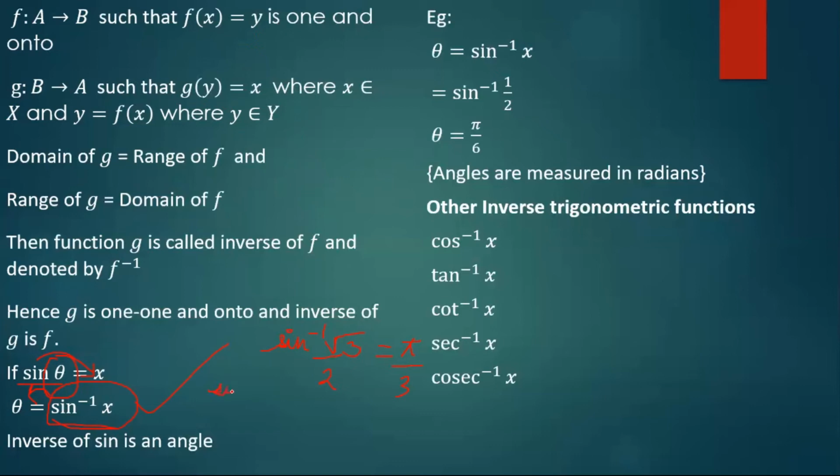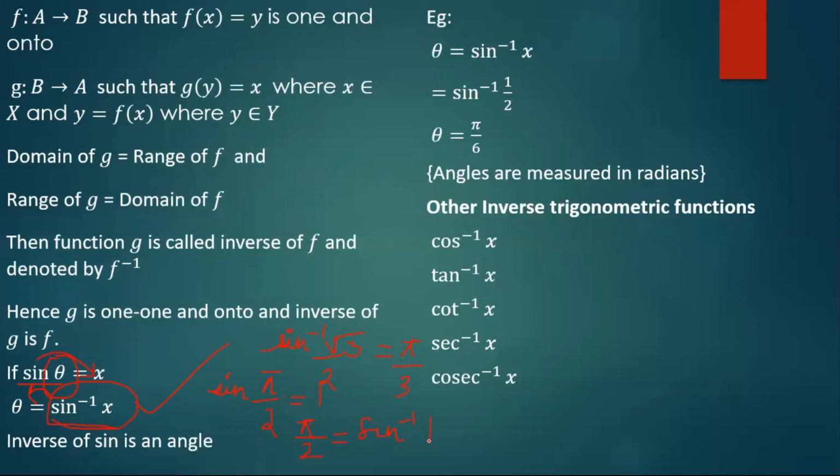A simple way to write it: sine pi by 2 equal to 1. So pi by 2 equal to sine inverse of 1.